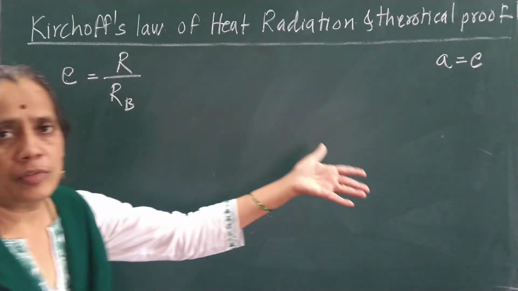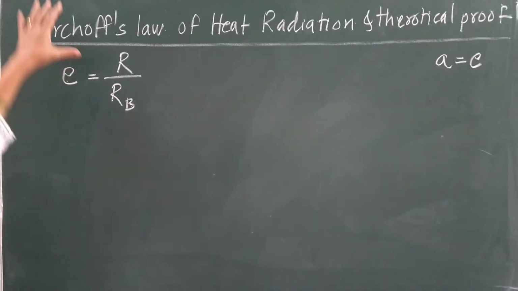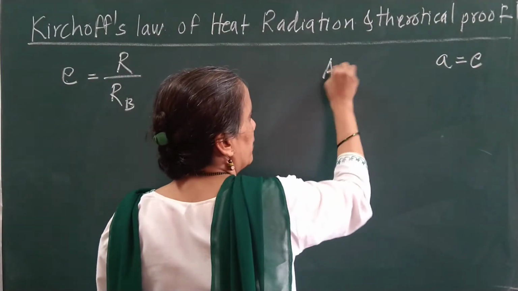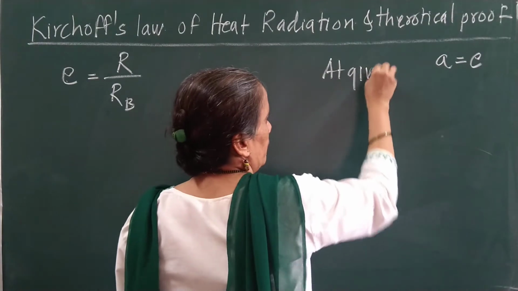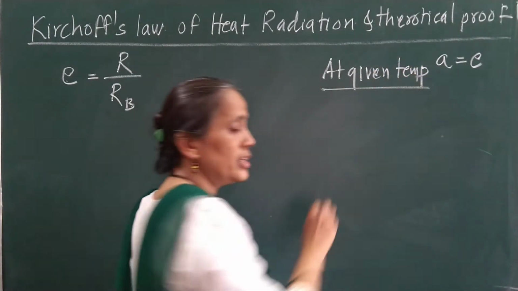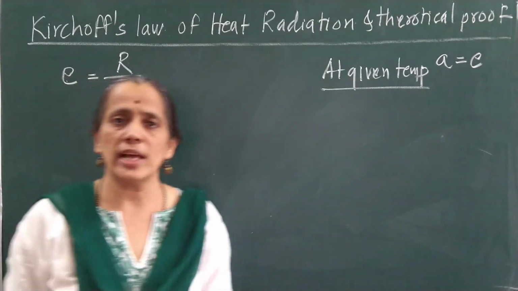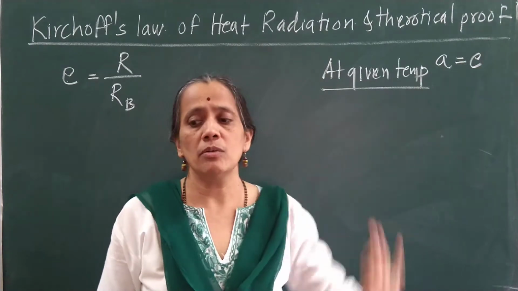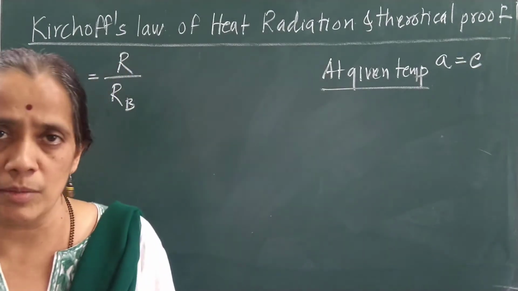So that proof we are now going to see under this law. This law is given at a given temperature. At a given temperature means we are keeping the temperature of that particular enclosure constant. At that time, the coefficient of absorption is equal to the coefficient of emission.